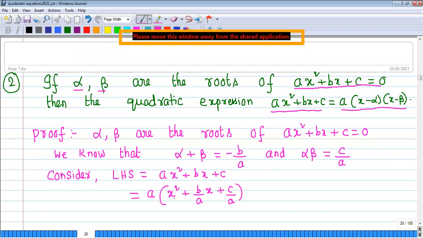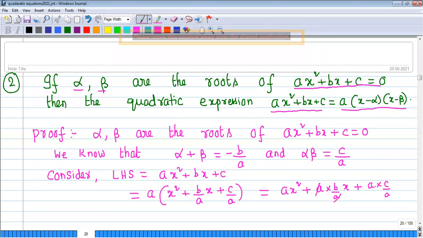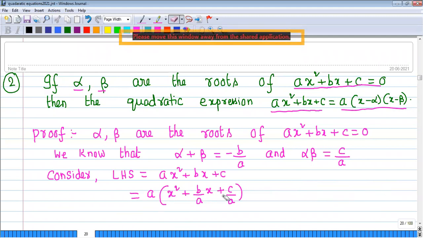A into x square gives ax square, plus a into b upon a into x, plus a into c upon a. The a's cancel, and we have ax square plus bx plus c. Same thing you will get. So that's why if you take a common out, you get x square plus b upon a x plus c upon a. But as we know, negative b upon a is alpha plus beta.